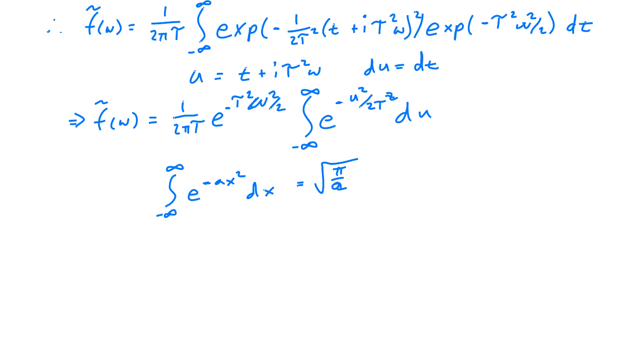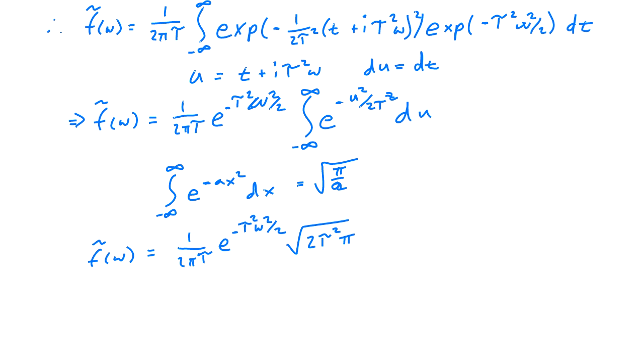Then from that, I can see that f of omega should be, I put in the constants, I have the exponential constant, and then the solution to this integral is just going to be literally square root of 2 tau squared times pi. And the reason why you can see that there's a, because this term in the denominator is basically 1 over a.